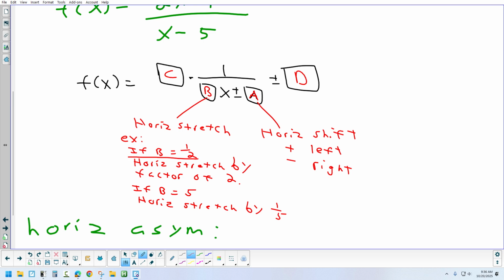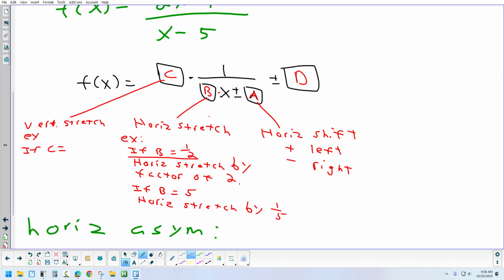Now the stuff on the outside, that's your vertical. Do you think C is going to be a vertical stretch or a vertical shift? It's going to be a stretch. Anytime you multiply, which is what C is doing, it's always stretching. And C is multiplying, so that is stretching as well. So vertical stretch. There's nothing backwards about this one, so I'll just do one example.